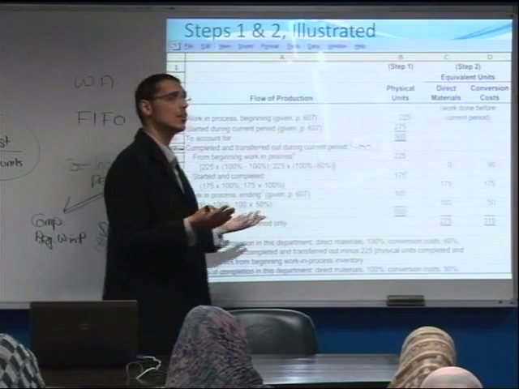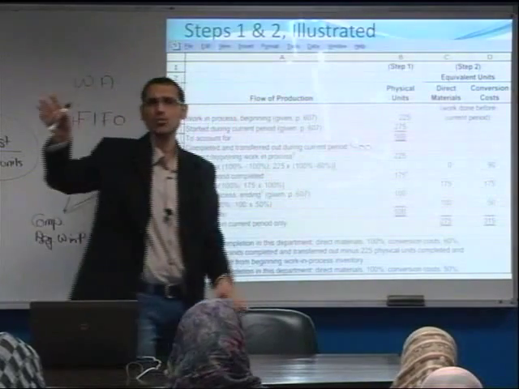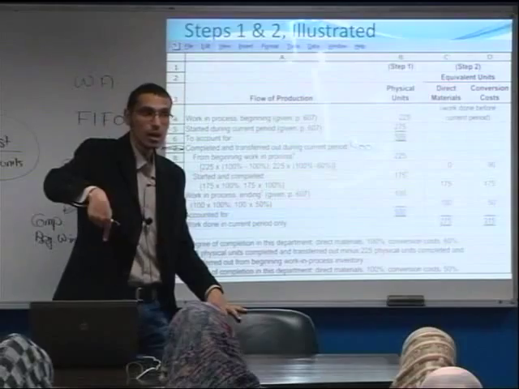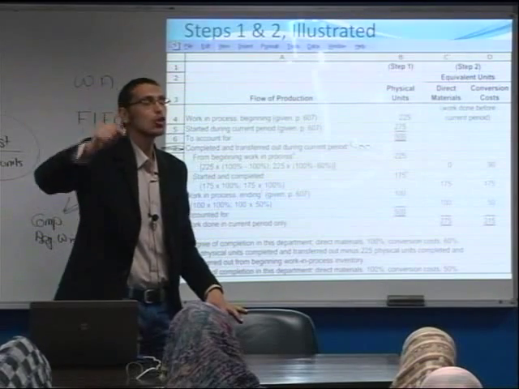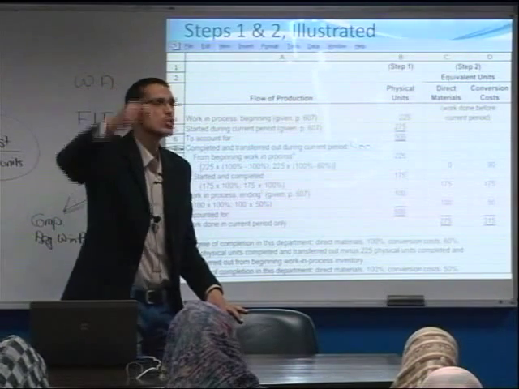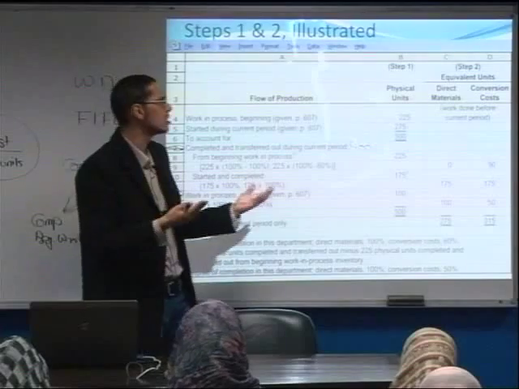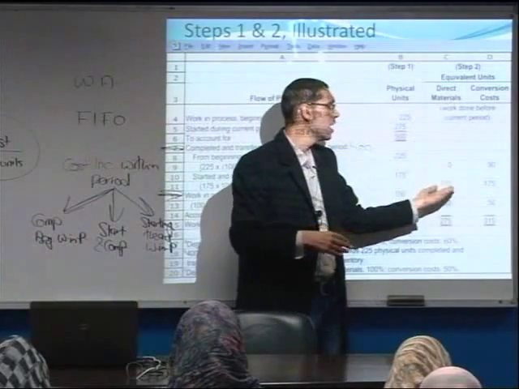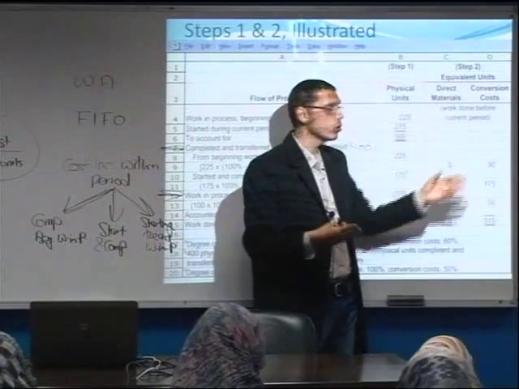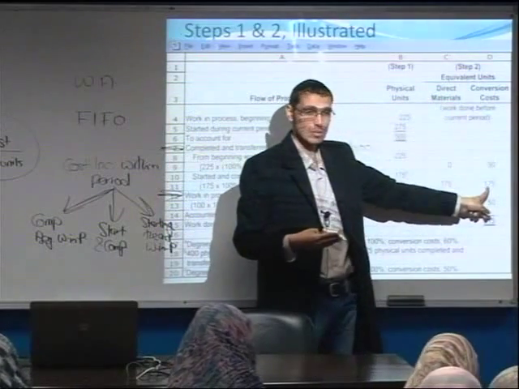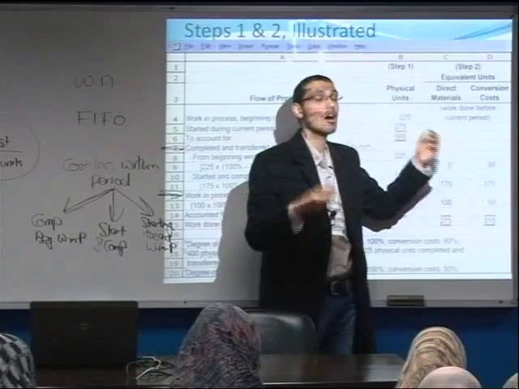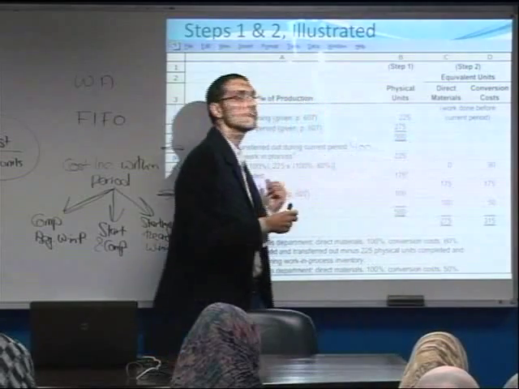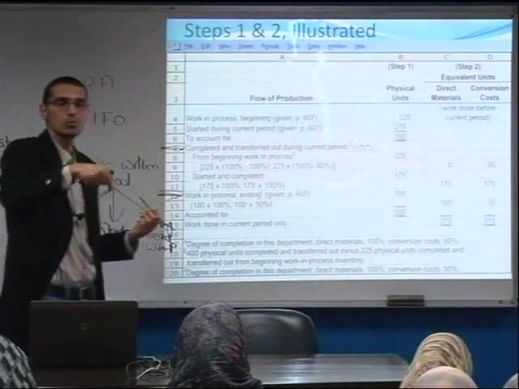They have taken 100% of direct materials and 100% of conversion costs in this period. Therefore, we multiply the 175 by 100% for the direct materials and by 100% for the conversion costs. The equivalent units are equal to the physical units for the units started and completed within this month.